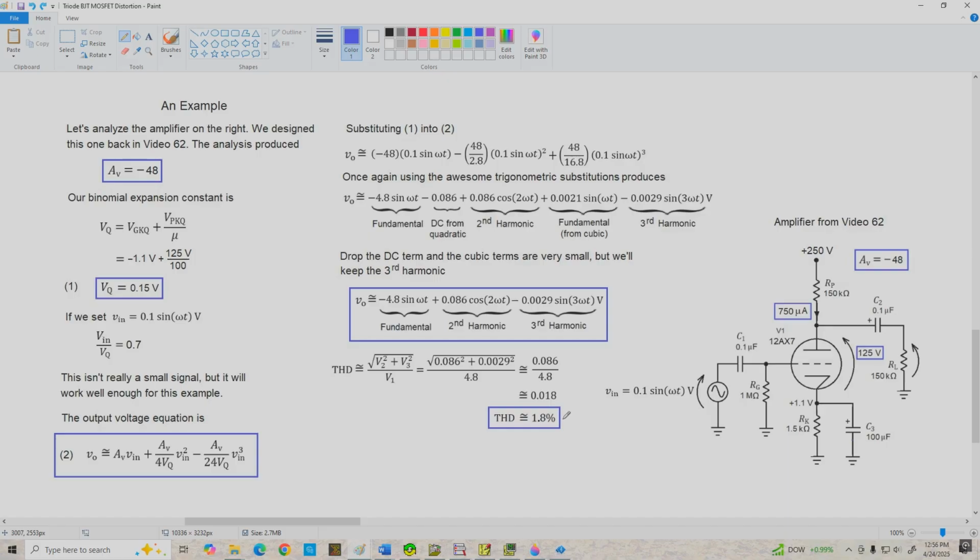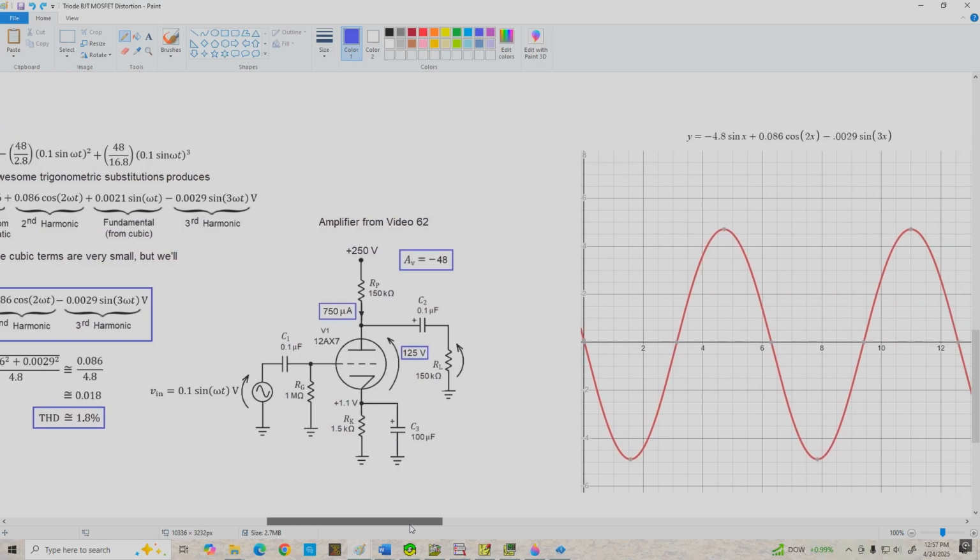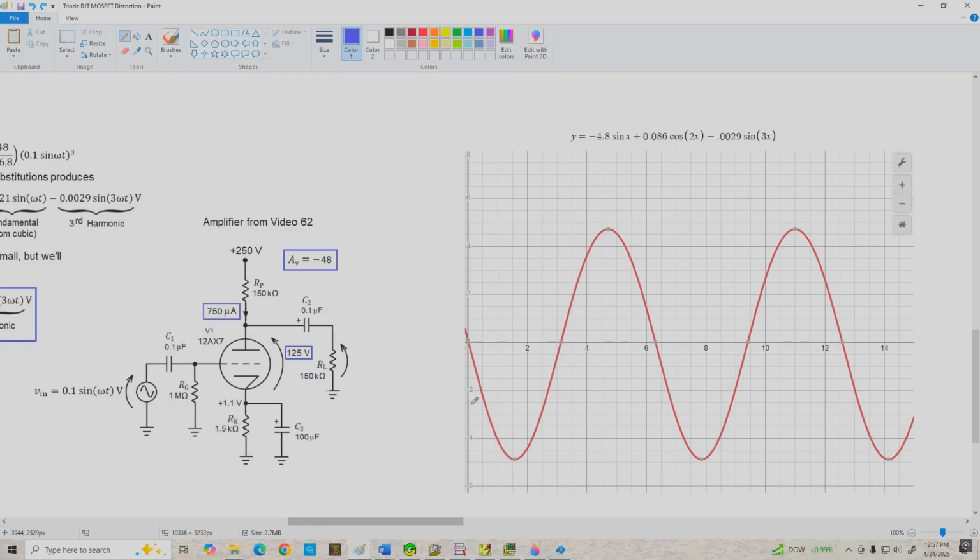Now, if we look back at the BJT and MOSFETs we just analyzed, we were probably using about 90% or more of the available output voltage swing for those circuits. So it makes sense that they'd have pretty high distortion. Now, we can't really make a good comparison with what we've got here right now, but we'll get to that in a minute. So let's go over and take a look at the graph of our output equation here.